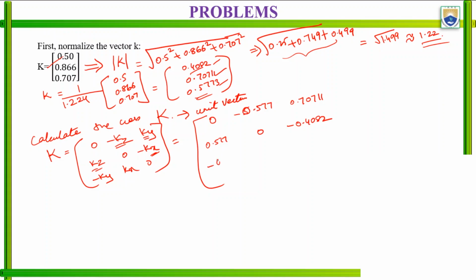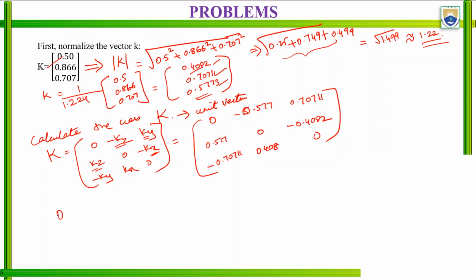Then minus ky which is minus 0.70711, kx which is 0.408, and again 0. So, this is the matrix we have got for the cross product K for a unit vector. This is how we have calculated capital K.